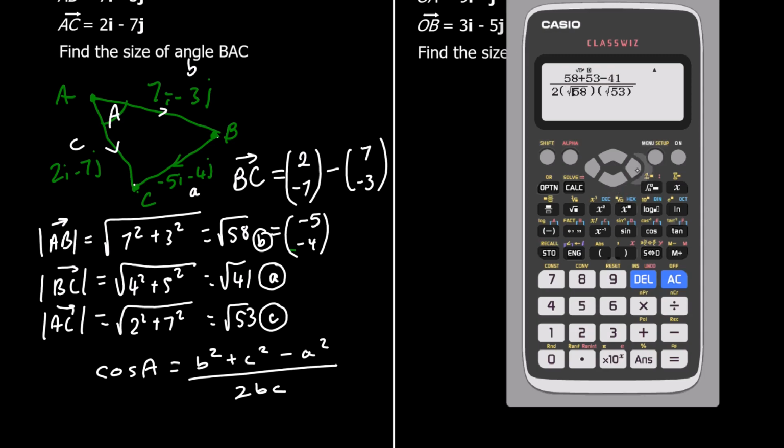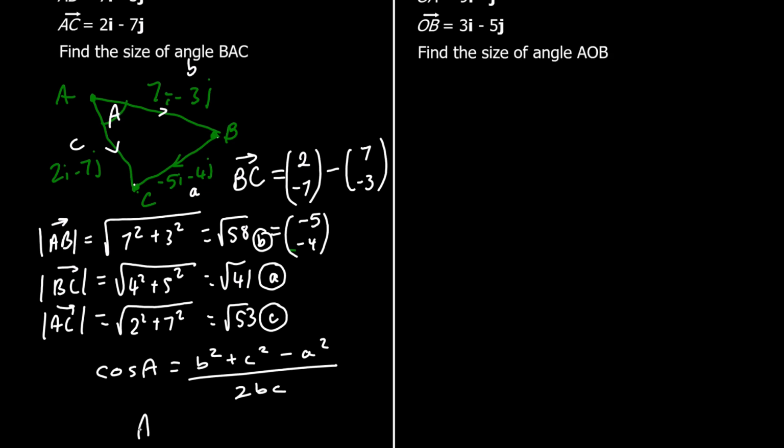Make sure you close the bracket outside of the square root sign. So we've got 0.63. That's cos A, so shift cos of our answer, and we get 50.9 degrees.